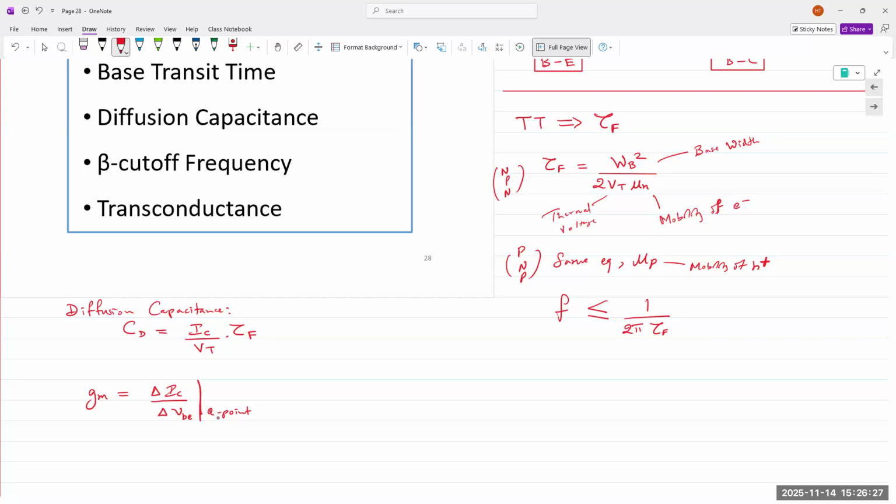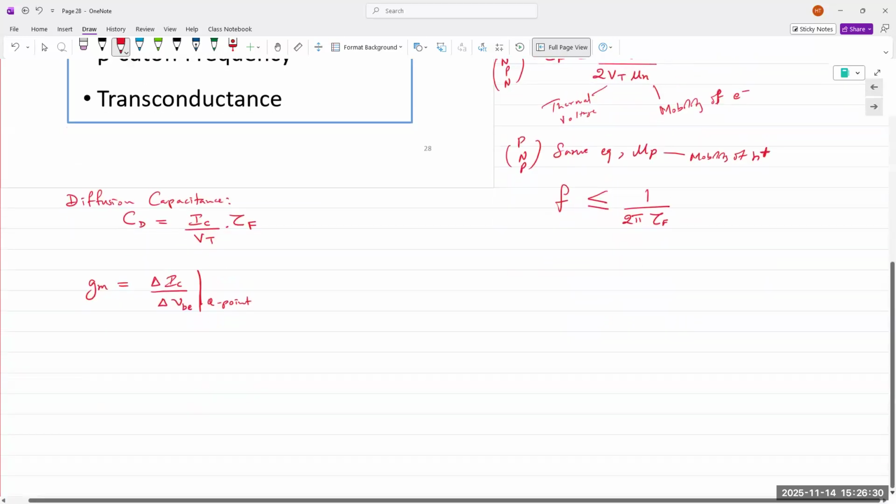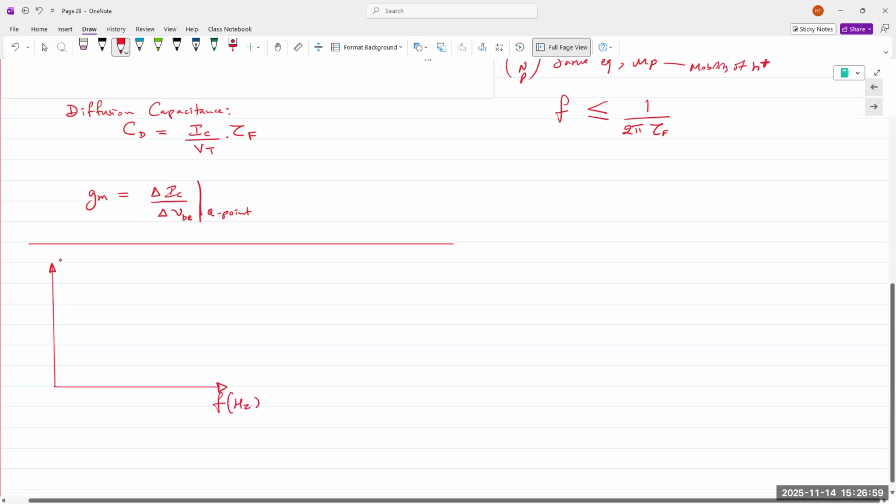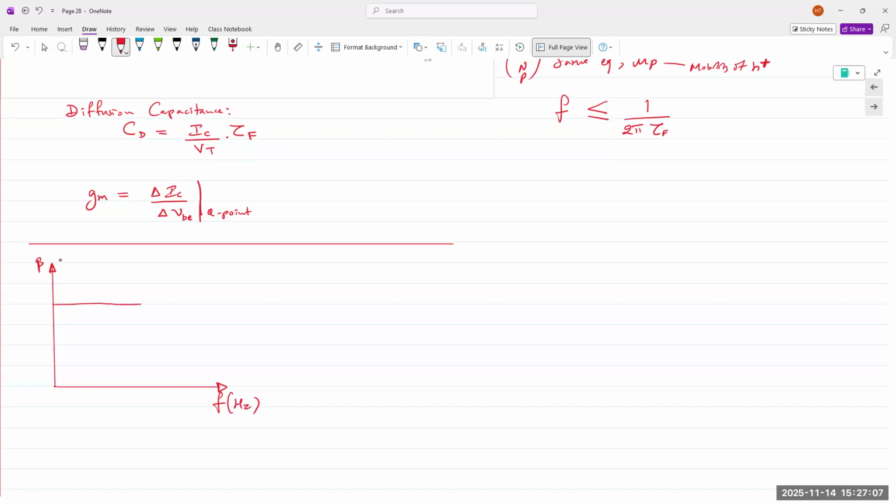If you model the value of beta as a function of frequency, let's do this. Frequency in hertz, beta values on the y-axis. So beta as a function of frequency remains near constant for a long period of time.